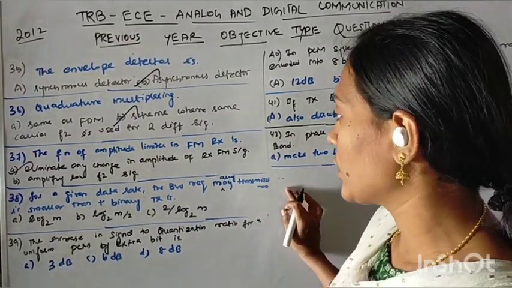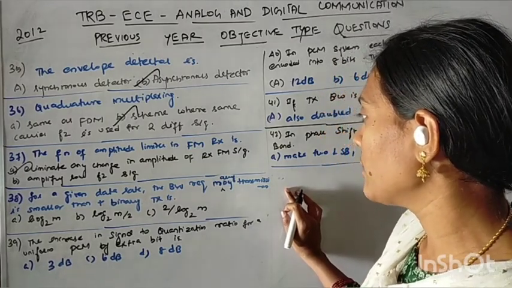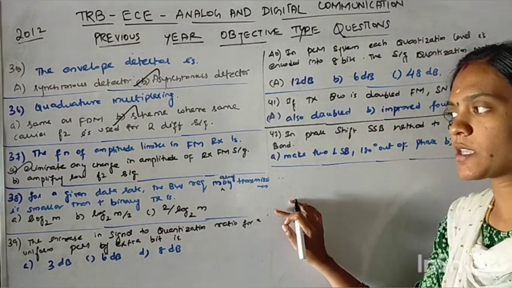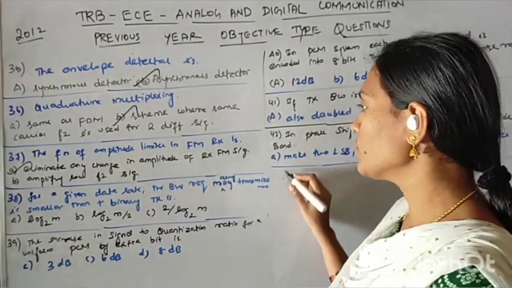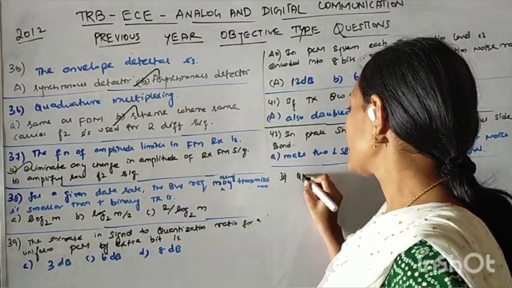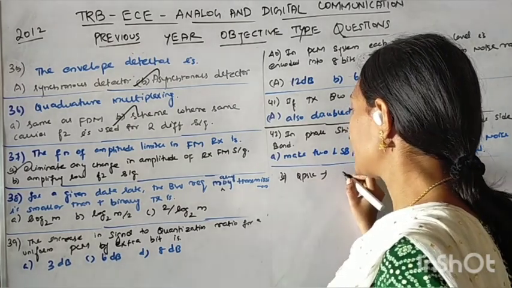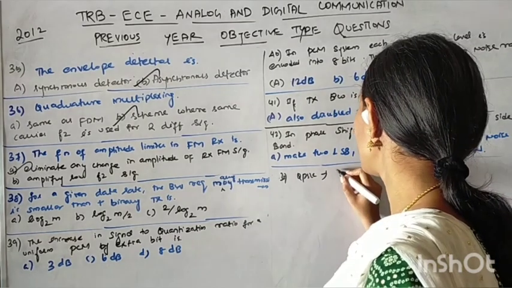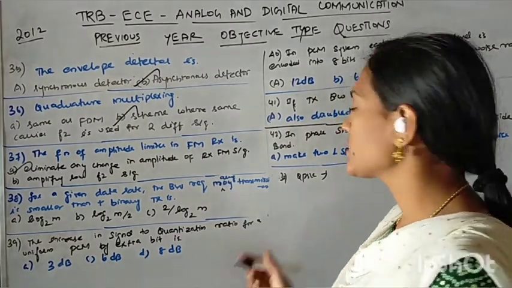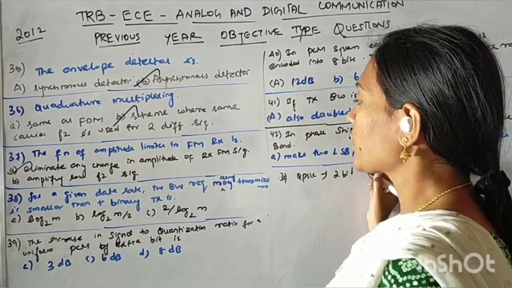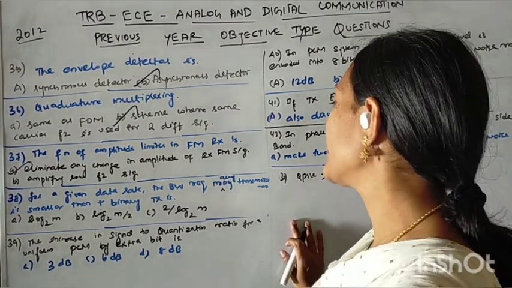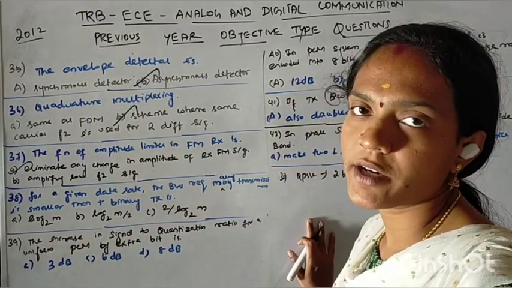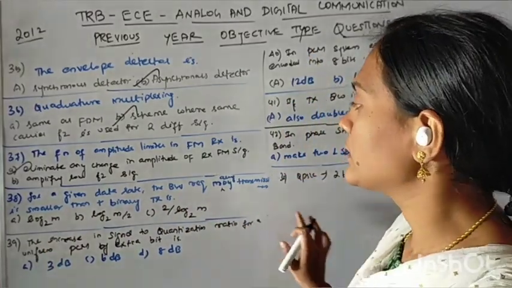And next question: for a given data, the bandwidth requirement for MRA transmission is smaller than the binary transmission by. We know that in a QPSK signal, each sample is represented as 2 bits. So the MRA transmission is smaller than the binary transmission, and this is a direct question.